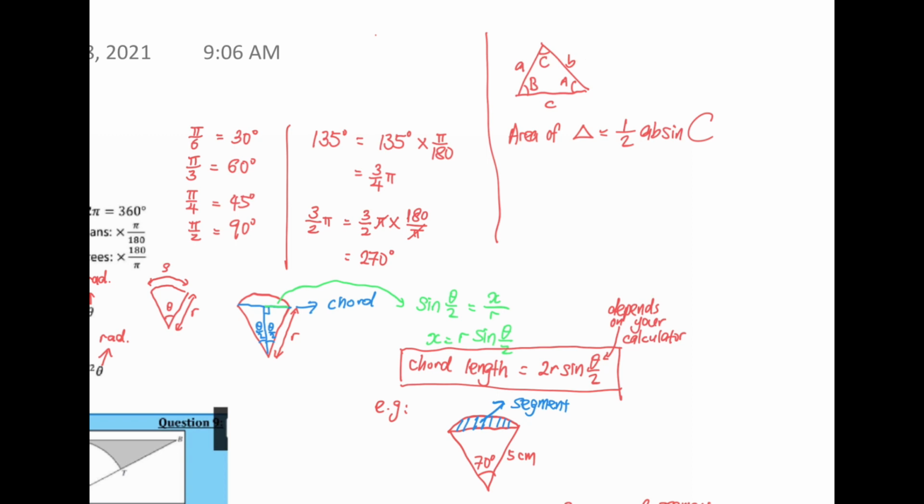Of course, you can take other sides also, for example 1 over 2 AC sine B, or 1 over 2 BC sine A. So you have many options here.